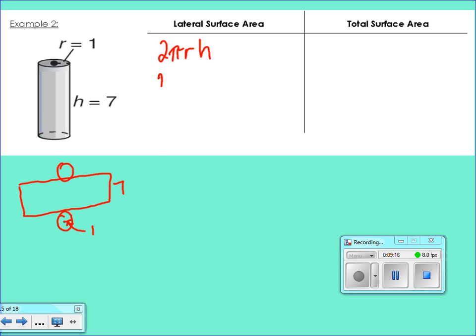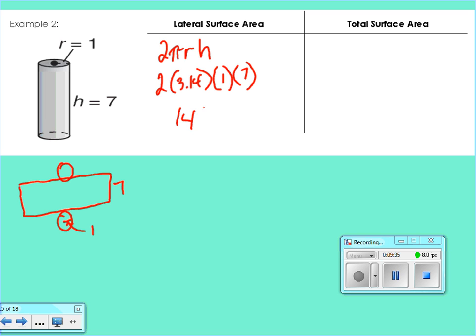Okay, so we have 2 times 3.14 times the radius of 1 times the height of 7. So you can multiply 2 times 1 times 7, and that's going to be what?